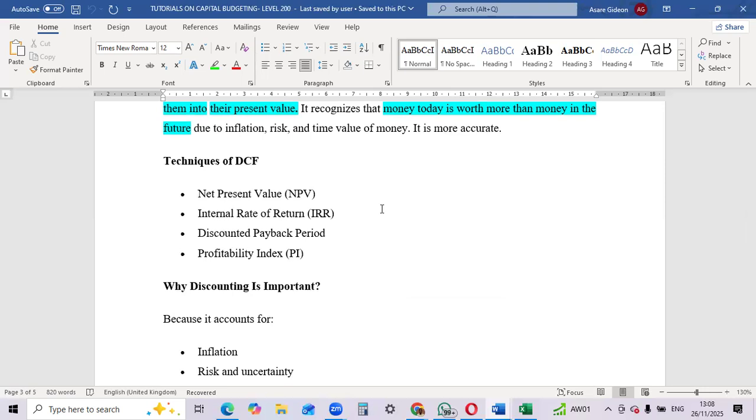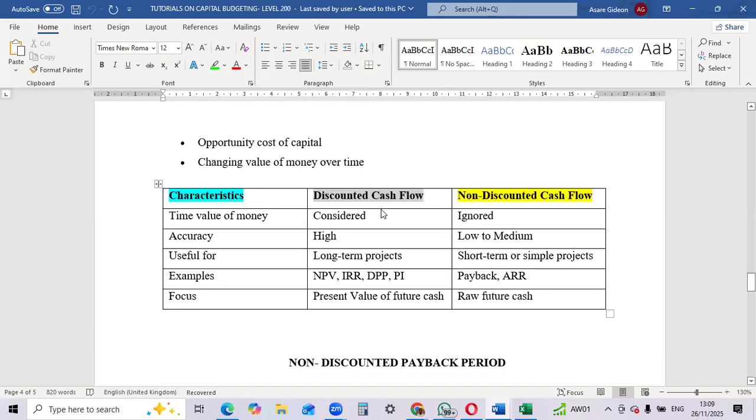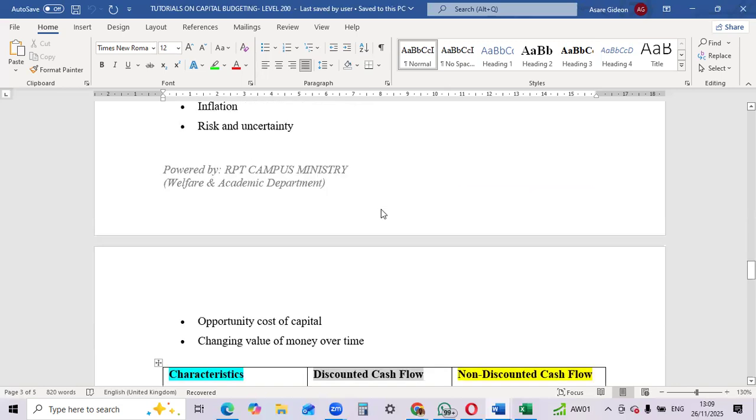These are some of the techniques that we have under discounted cash flow, right? Why is discounting important? Because it accounts for inflation, risks, and uncertainty, right? So opportunity cost of capital, that is the cost of capital, and the changing value of money over time.